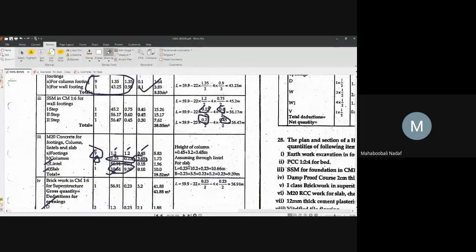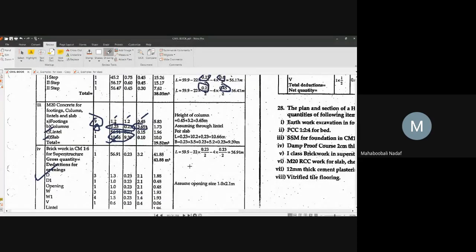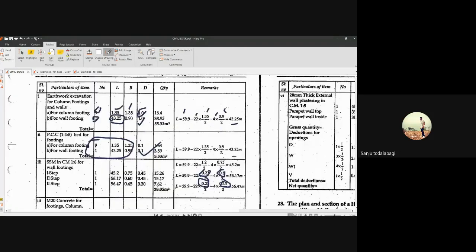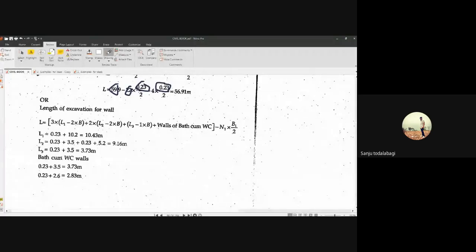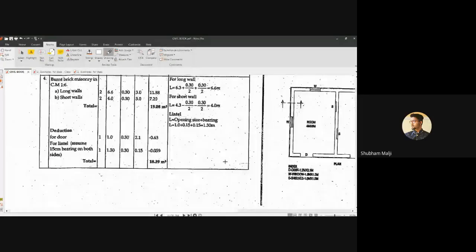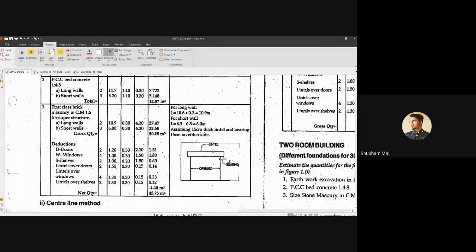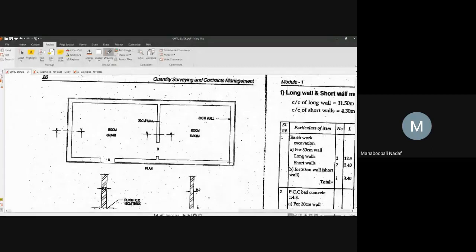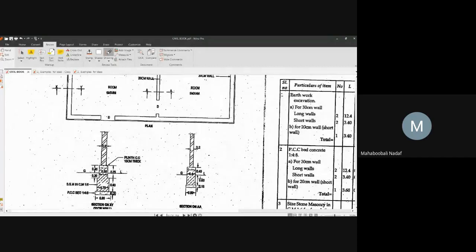Okay, you can do it plus 2. Now one more problem we have left. This problem where there are two types of footings.